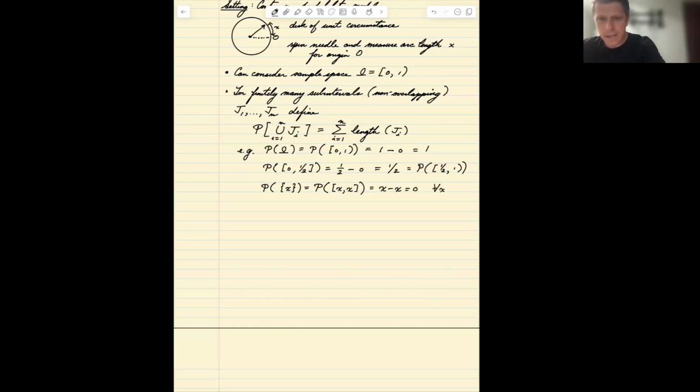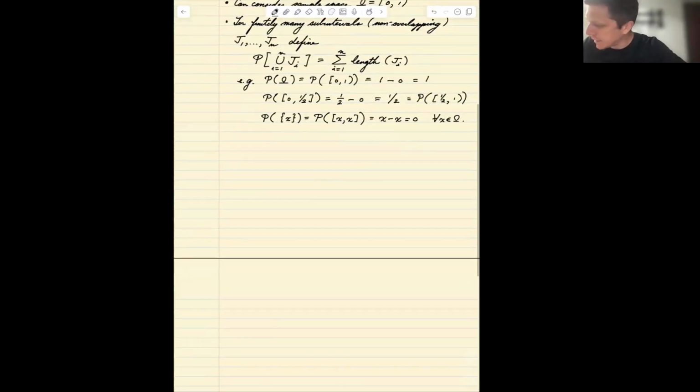This is something that we're going to notice in continuous random variables that we did not see in discrete random variables, which is the importance of countable additivity in our definition of the probability axioms.